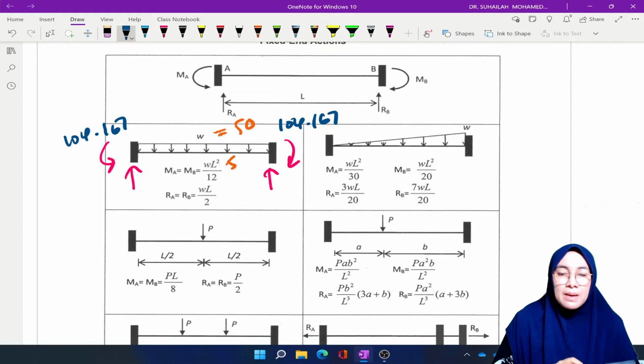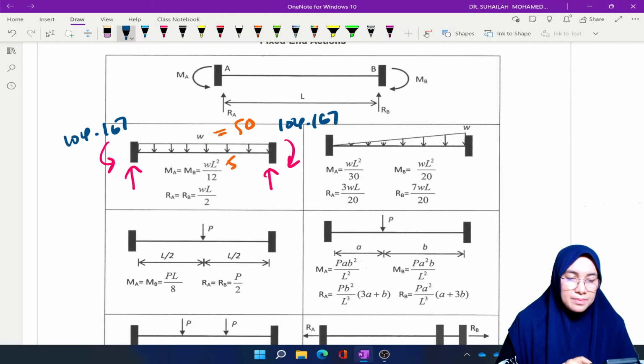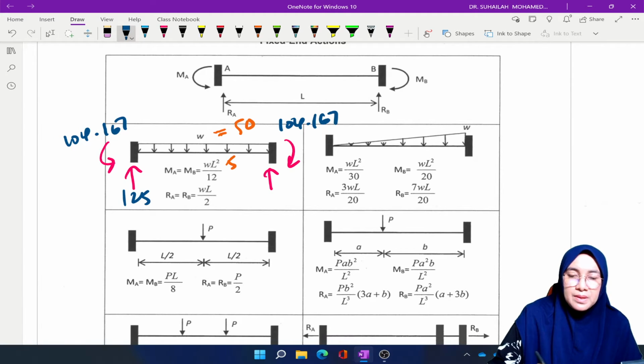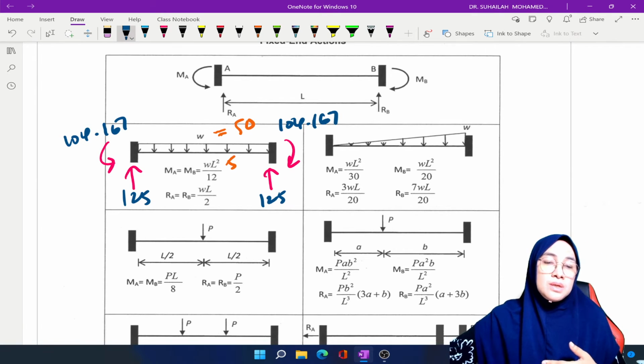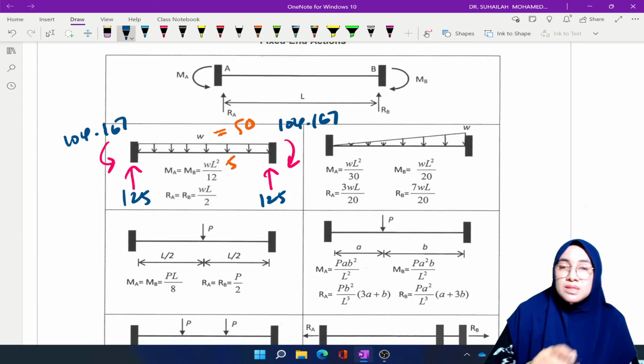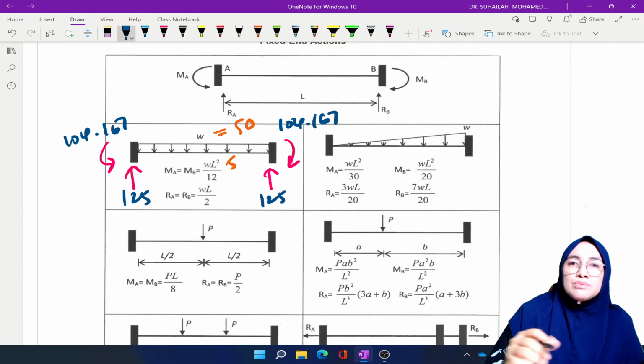And WL over 2 is 125. By using this formula, which is for a beam, we can apply it to a frame structure, where we know that the value for horizontal is equivalent to 0.